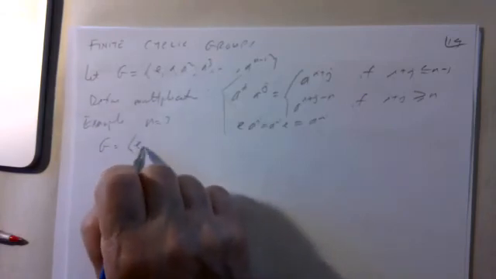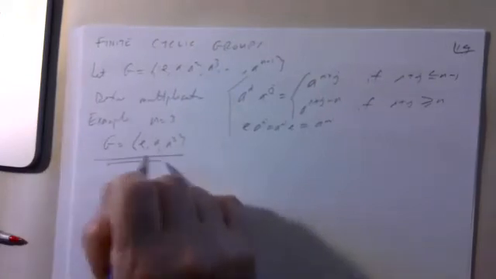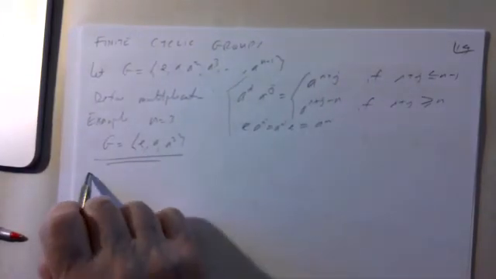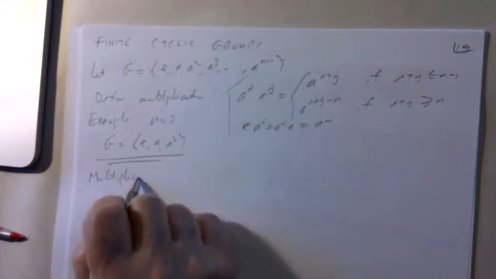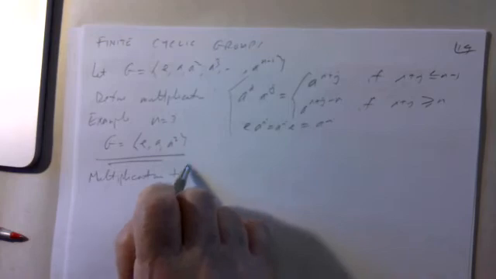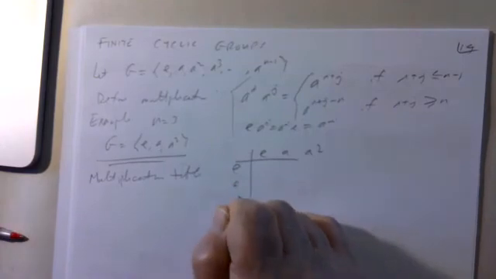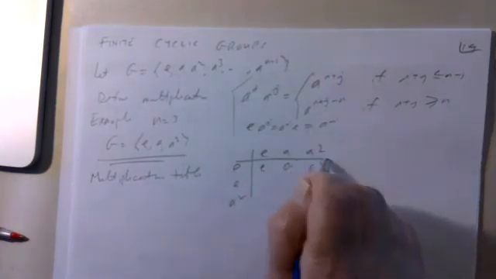So for example, if you take n equal to 3, suppose we take E, A, and A squared. So this is going to be a group with 3 elements. Here's the multiplication table. E times anything is the anything.